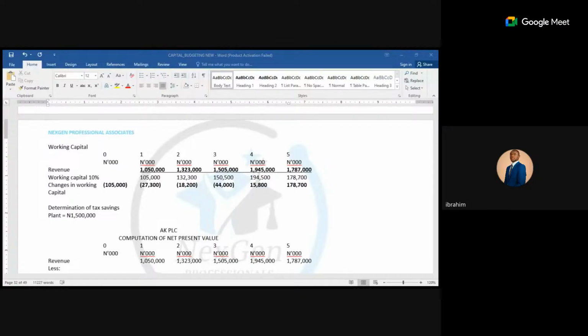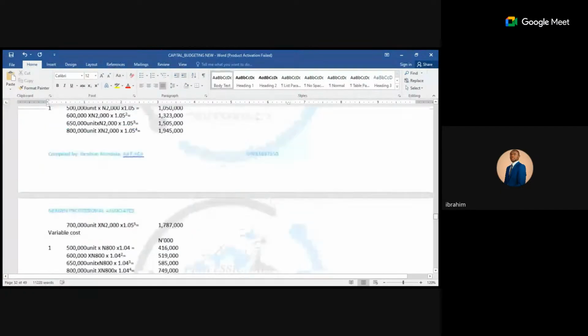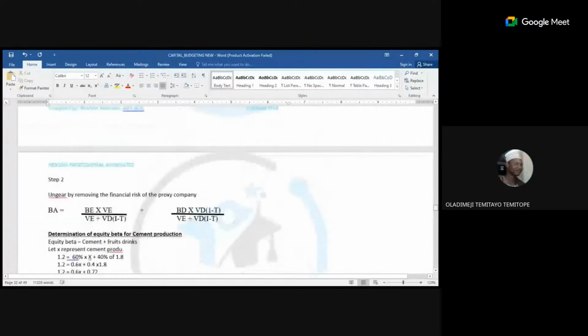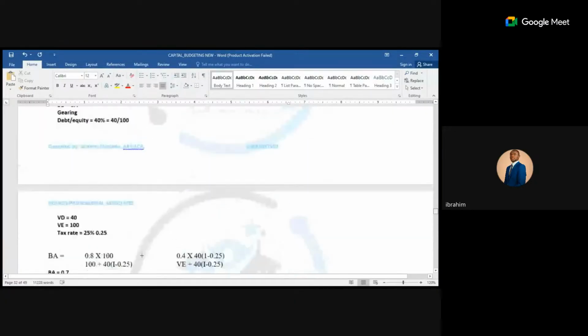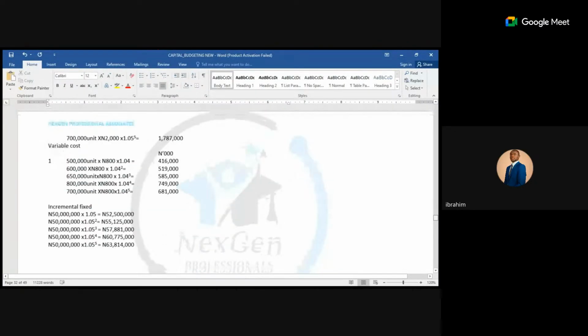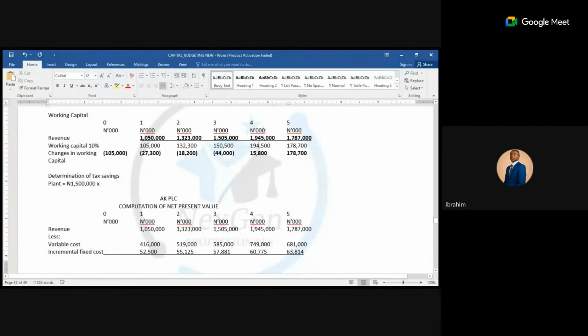Okay, 1.5 billion, so we have 0 there. Which rate are we going to use, class? We need to use straight line method, right? Yes. Okay.